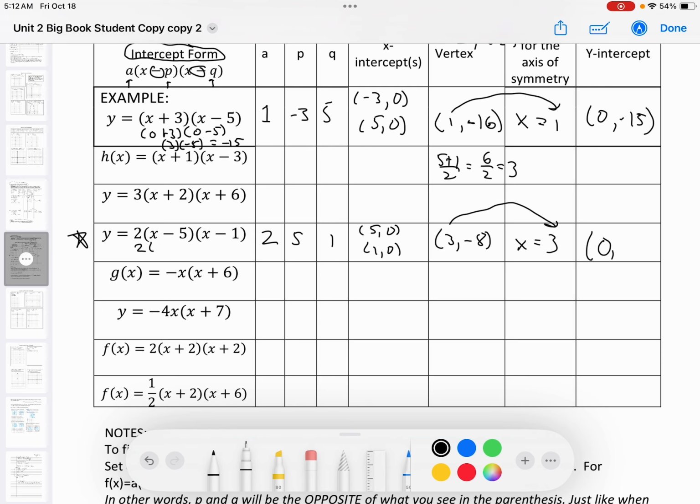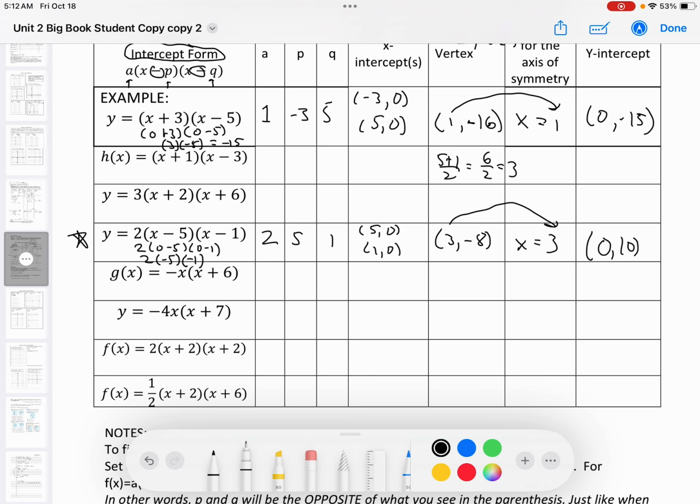So we'd have 2 times (0 minus 5) times (0 minus 1), which would give me 2 times 0 minus 5, which is negative 5, and 0 minus 1, which is negative 1. 2 times negative 5 would be negative 10, times negative 1 would give me positive 10. So I have (0, 10) as my y-intercept.